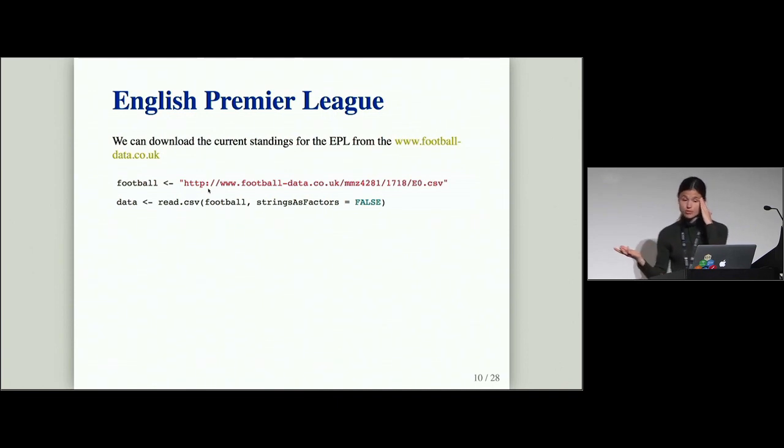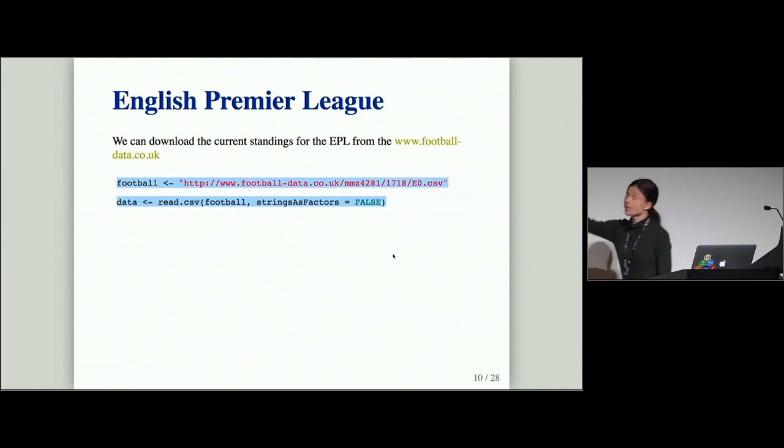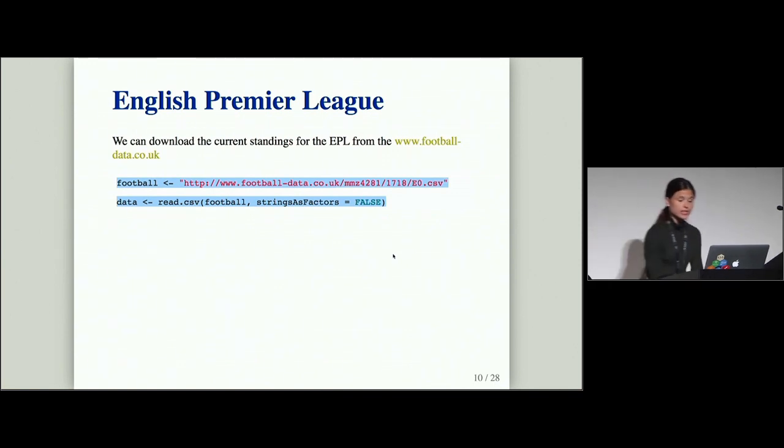Now let's use some of the scraping that we saw previously to get some data that we can use the Bradley-Terry model on. Here I'm going to take some soccer results for the Premier League and save that data as an object called data.